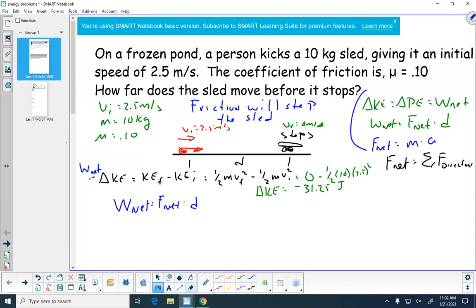Well, that displacement gives us that distance there that we're looking for. We know the work net, but we don't know the force net. We don't know a net force here. Well, how do I find my net force? Well, I had to sum up all the forces in a direction.